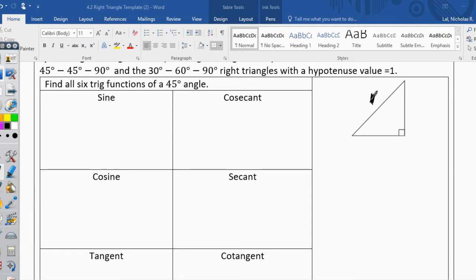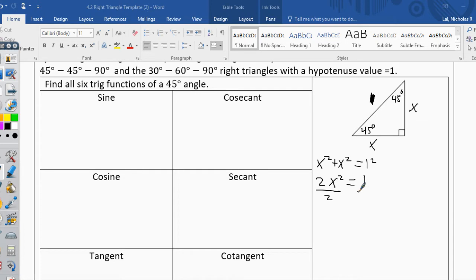All right, so the hypotenuse value is 1, and our angle values are 45 degrees and 45 degrees. Because both angles are 45, the angles are equivalent, so the sides opposite them are also equivalent. Then, using the Pythagorean theorem, x squared plus x squared is equal to 1 squared. X squared plus x squared is 2x squared. 2x squared is equal to 1.